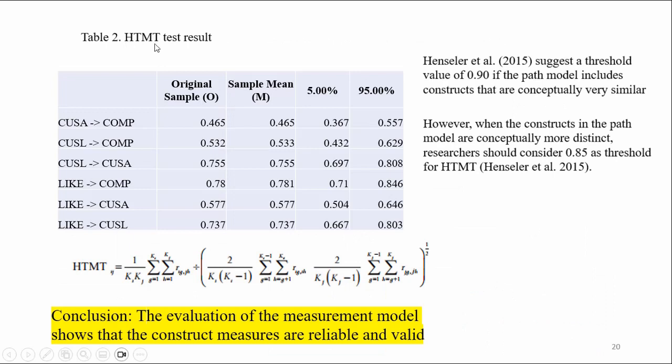And for HTMT, all values in the 95% confidence interval are less than 0.85. So based on the result, we can conclude that the evaluation of the measurement model shows that the construct measures are reliable and valid.